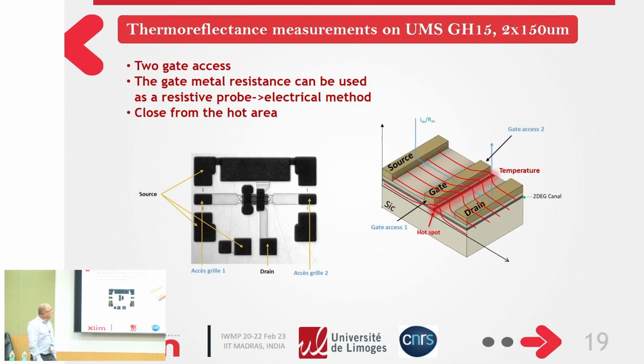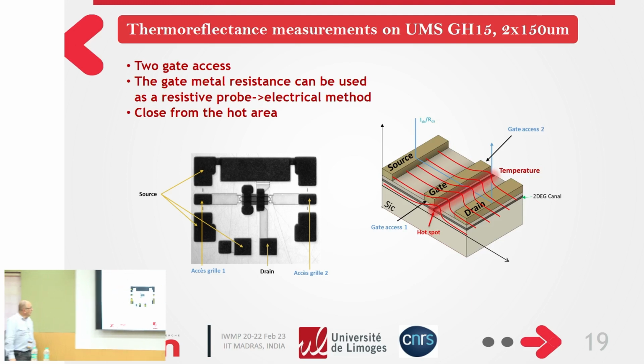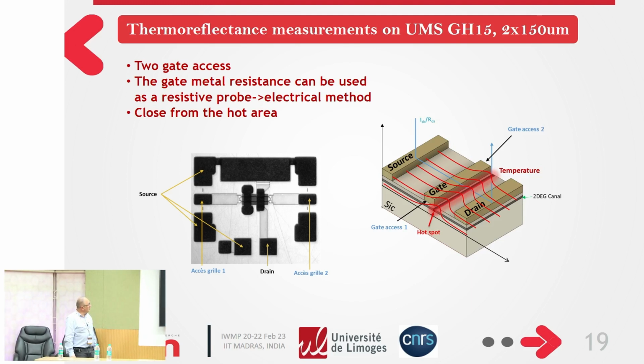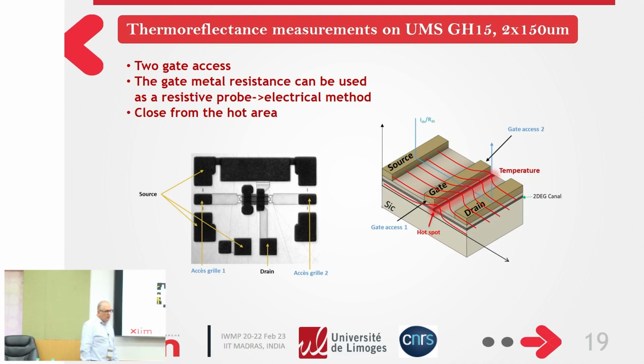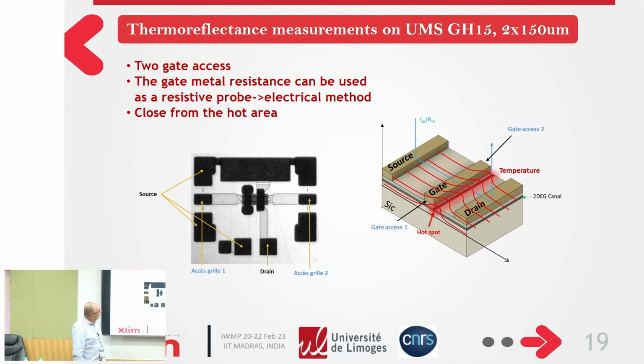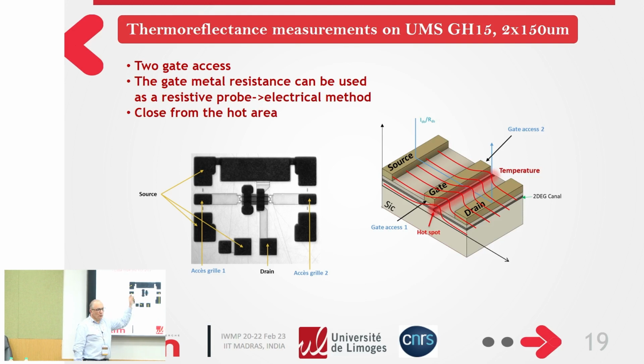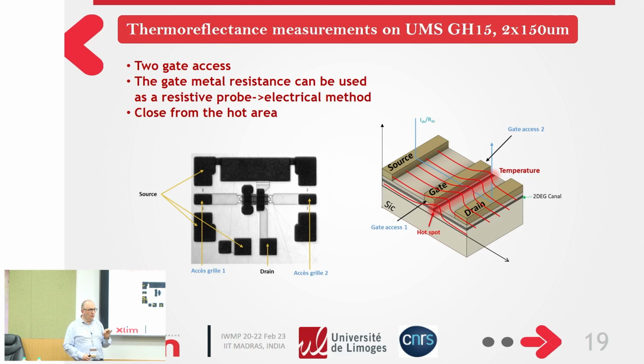Now I move to a 2 by 150 micrometer transistor. This is a special transistor. Why? First of all, it's very interesting because with large development, we have a window to access the gate because the bridge is split.